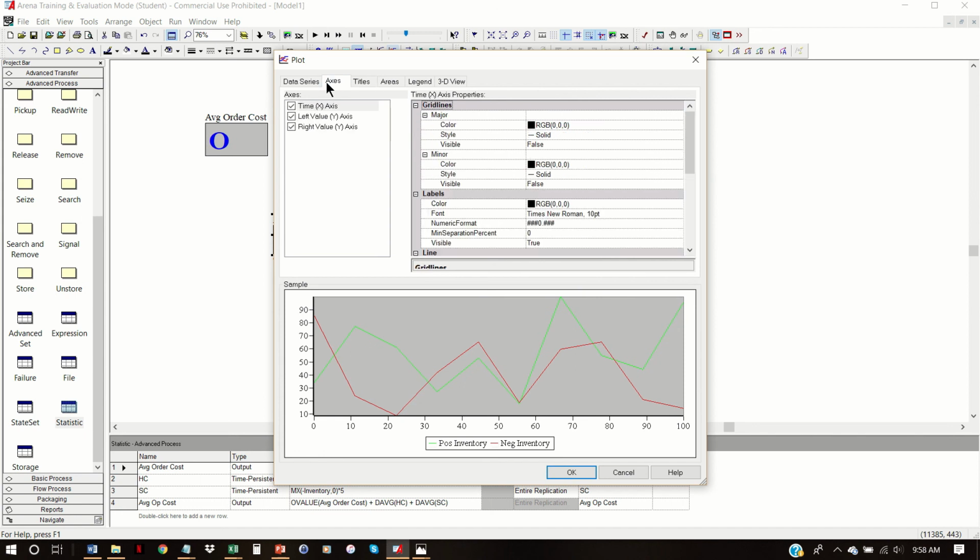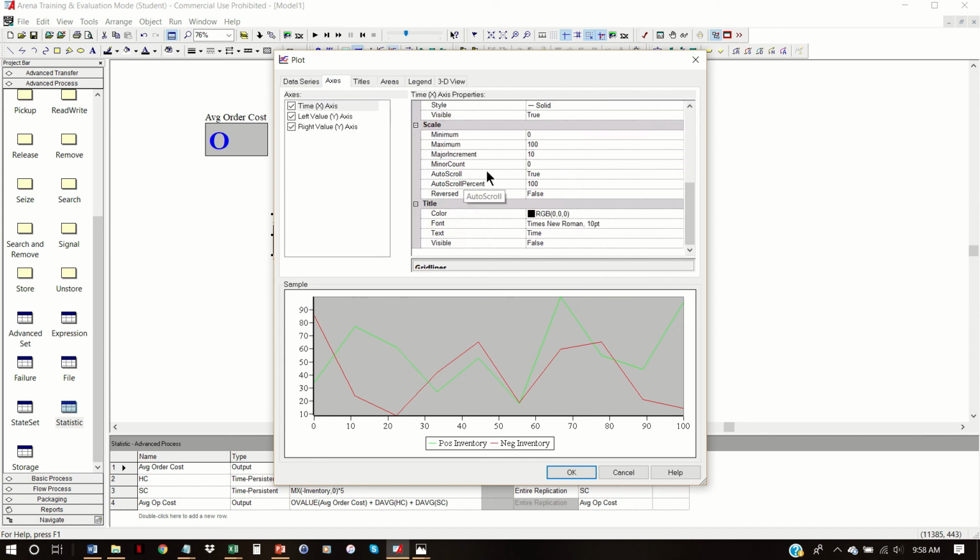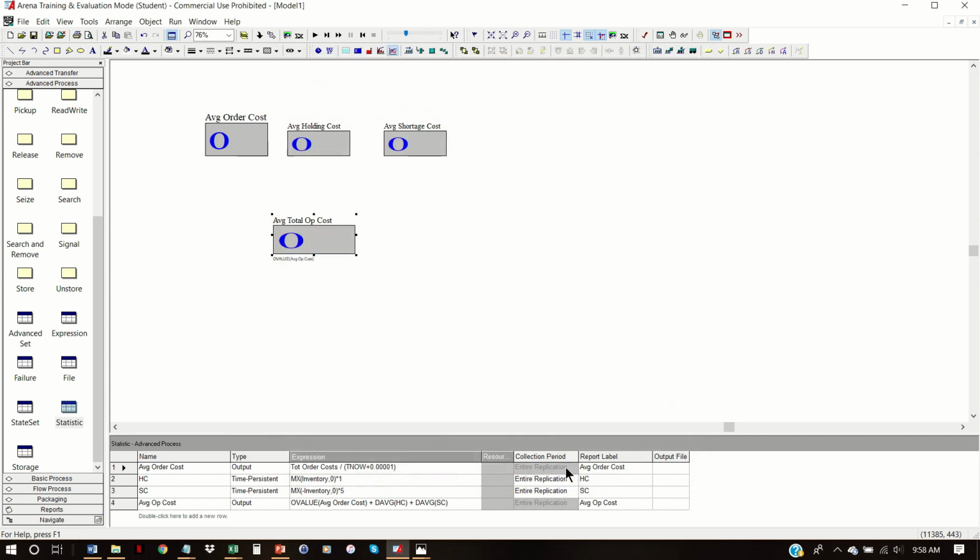I'm also going to say that when I scroll from the bottom, I don't want to scroll fully. I'm just going to scroll halfway at a time. And so if we have 120 days and we're looking at everything in days, let's look at this 30 days at a time.